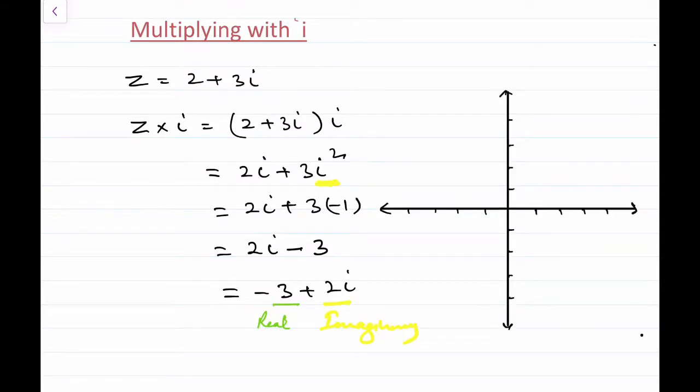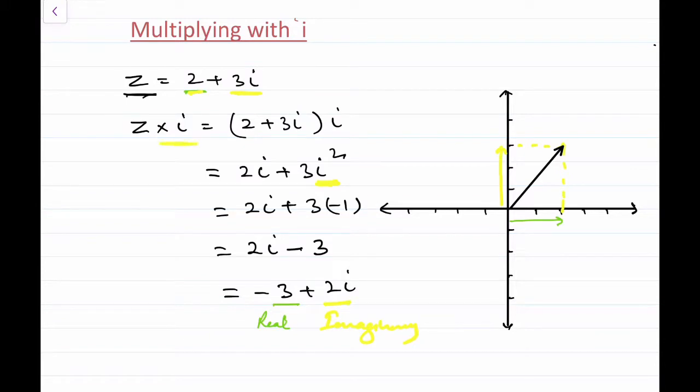Now plot z and zi. So for z, 2 is the real part and 3 is the imaginary part. So move 2 units to the right and 3 units up the imaginary axis, and then join that point to the origin to get z.